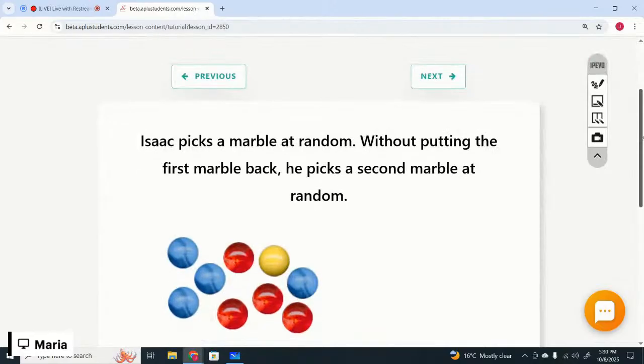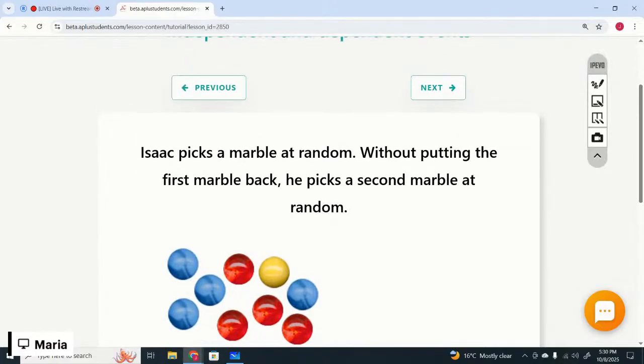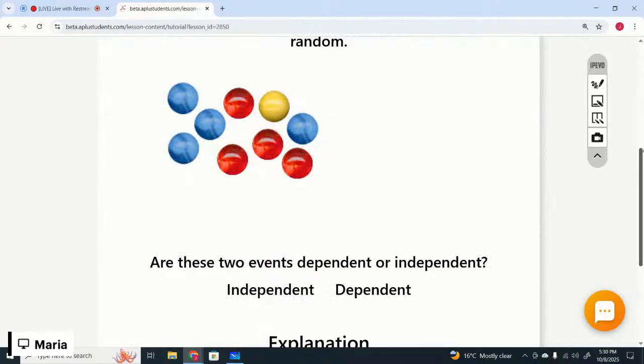So let's just start with the lesson. Isaac picks a marble at random. Without putting the first marble back, he picks a second marble at random. Are these two events dependent or independent?